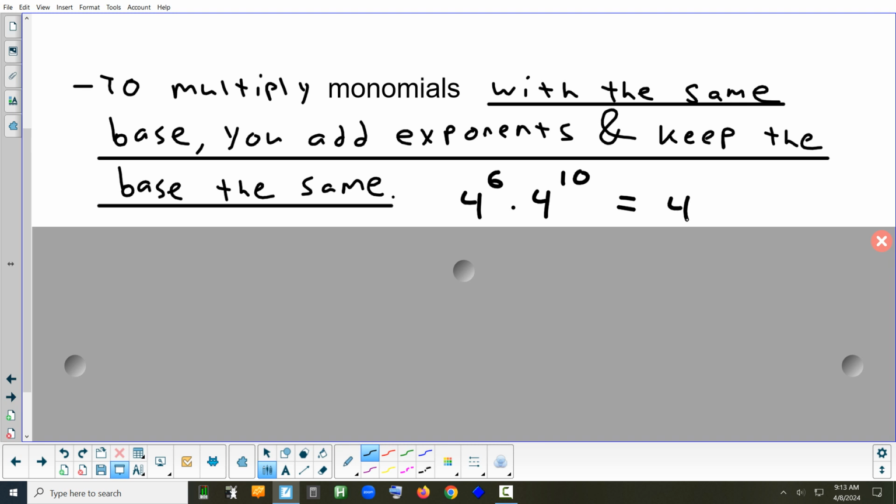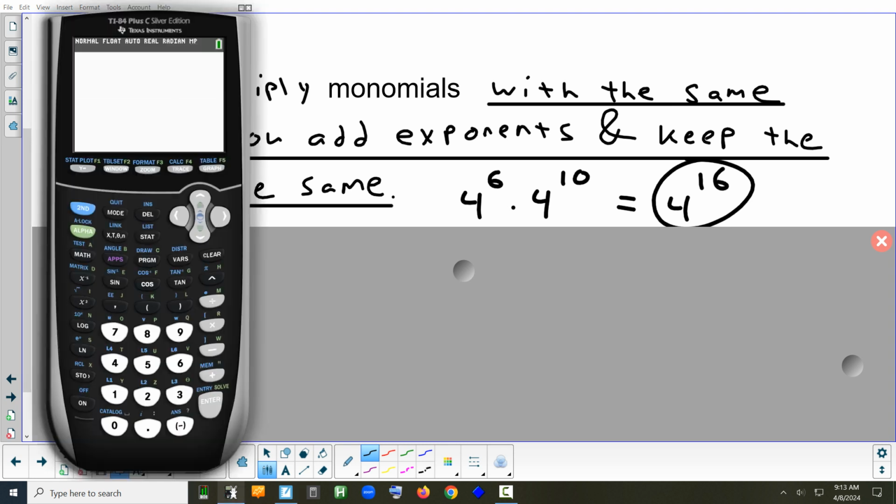And what does that give you? 16. Yep. That's the answer to that problem. And 4 to the 16th, that's a very big number. So generally, when you start to get numbers that have exponents that big, we don't usually write it out. Okay, here's what it would be if you tried to write that out. It's not super huge, but it's still a pretty big number.